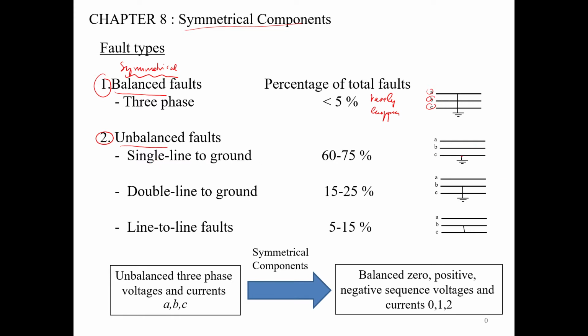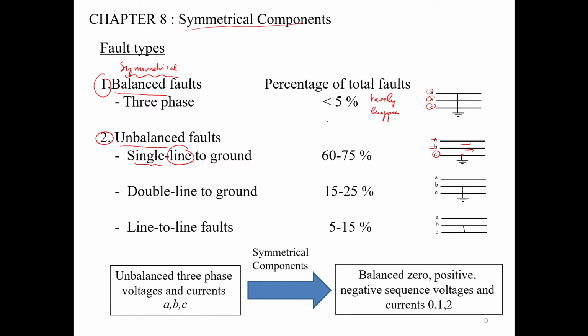In this case, only line C gets the disturbance or short circuit to the ground, while phase A and B are still running at the normal operating condition. So there's still power flow from source to load. The fault just happened to phase C only, that's why we call it single line to ground, just one line short-circuited to the ground.